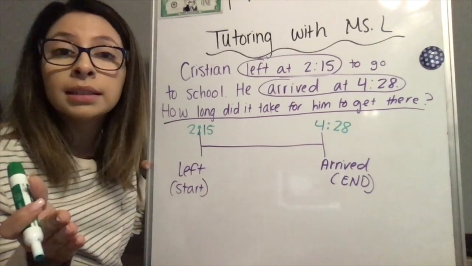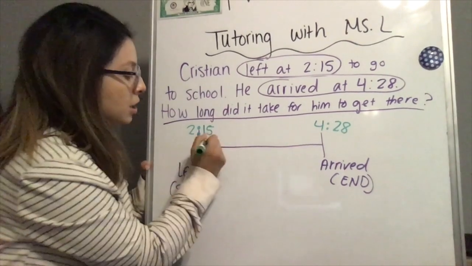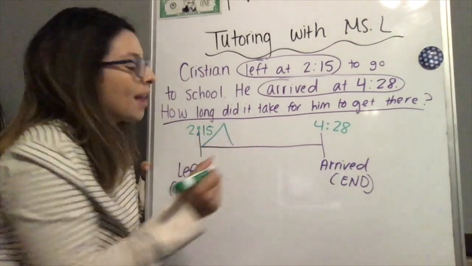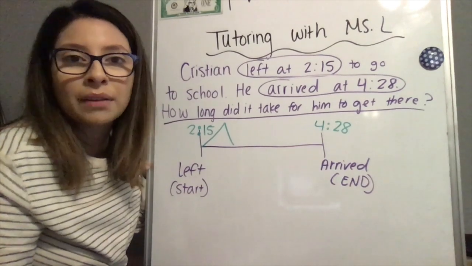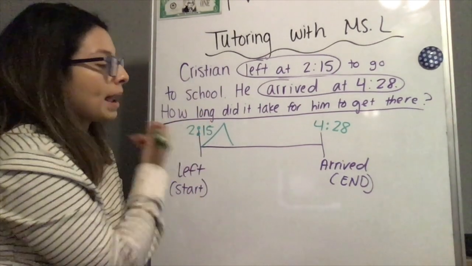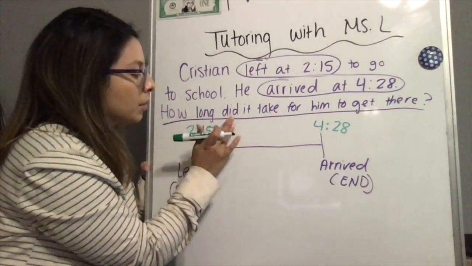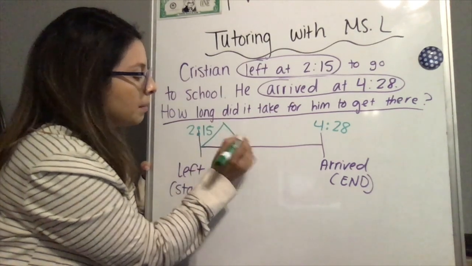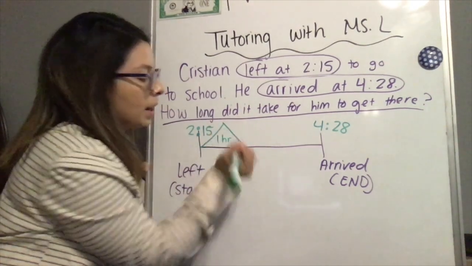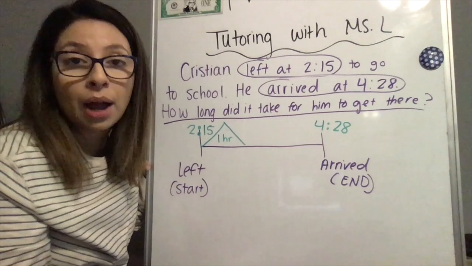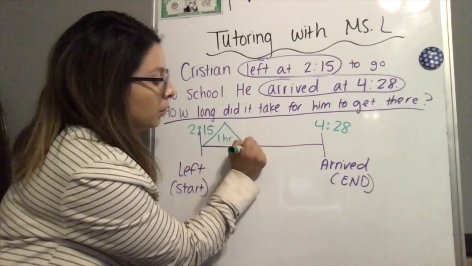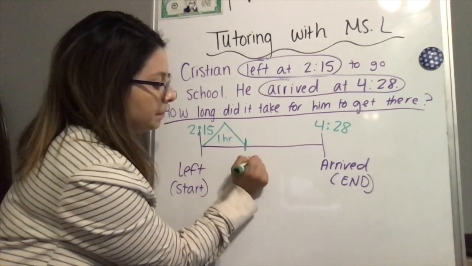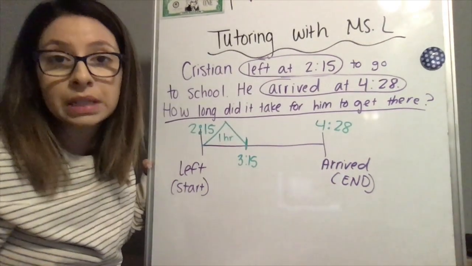If you do, impressive. Okay, so I like to do mountains. I've always done that. I like to do mountains for my hours. If you want to make your hours look bigger, go for it. Make a bigger mountain. I will put 1 hour. HR stands for hour. And then I will write down the next time after that hour, which is 3:15.